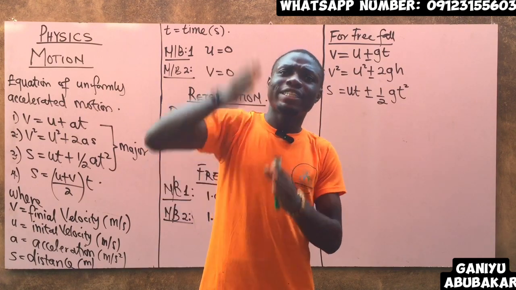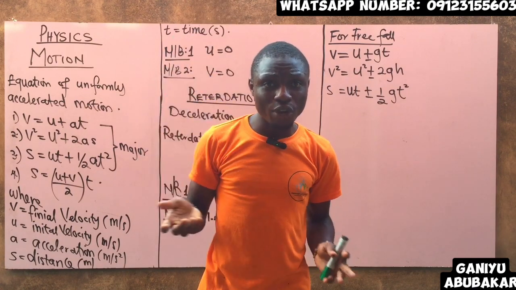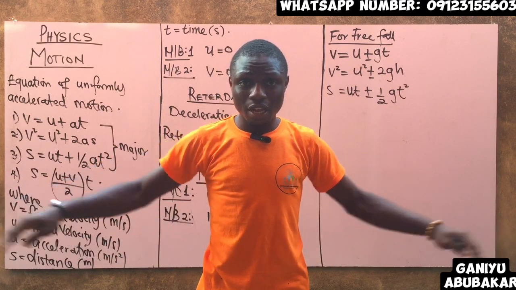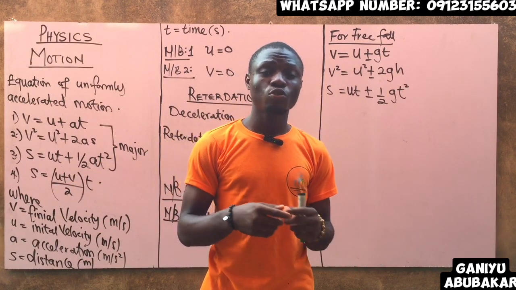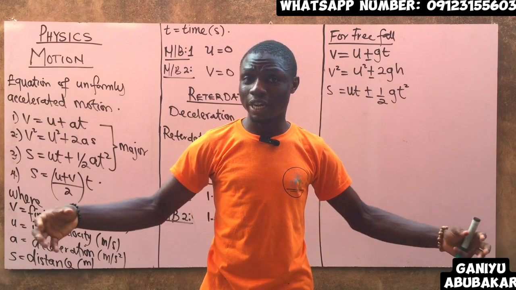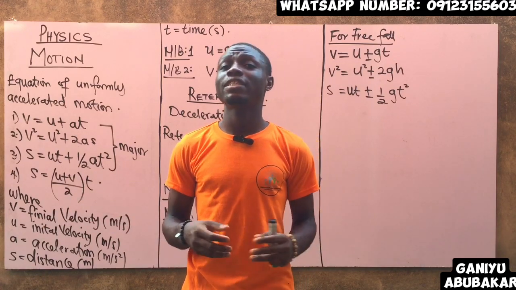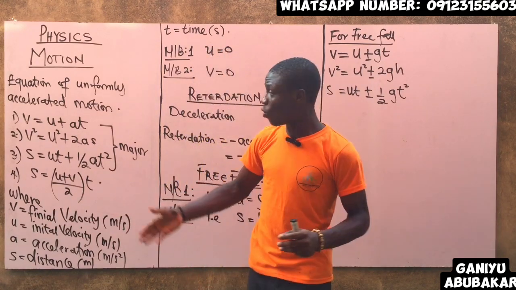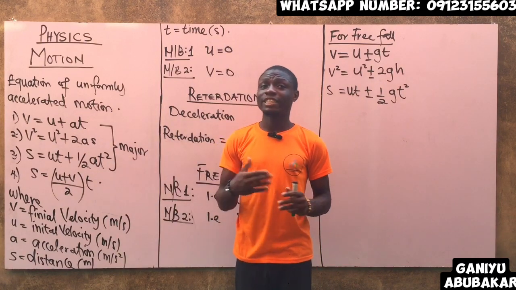Can a car move in a vertical motion? No, a car moves horizontally. Or perhaps you hear the word train. Those move in the horizontal sense. So it means I'll be using the equation of uniformly accelerated motion.